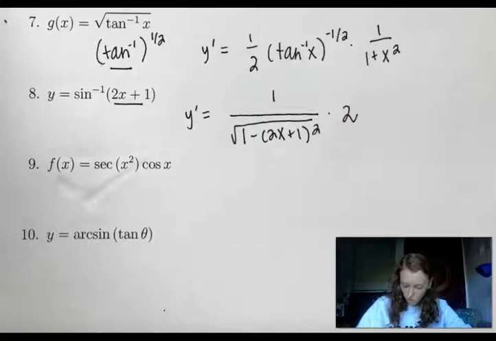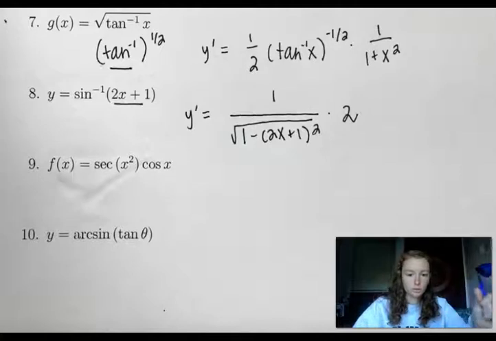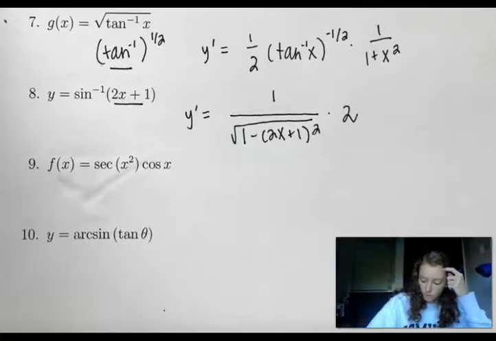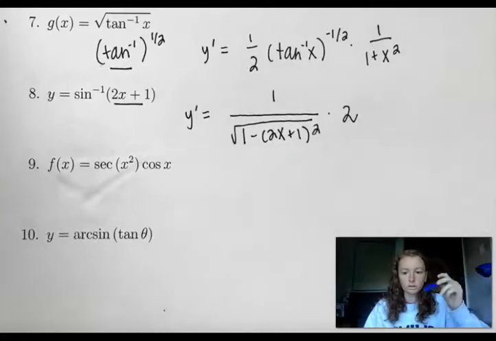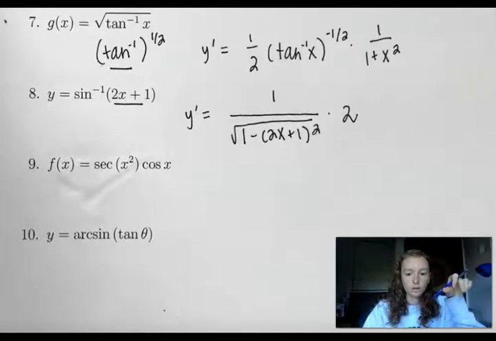So 9, this is our first product rule. You can see because there are 2 things being multiplied by each other. So basically the first function is secant x squared, and the second function is cosine of x.